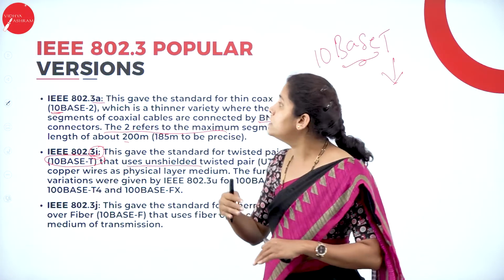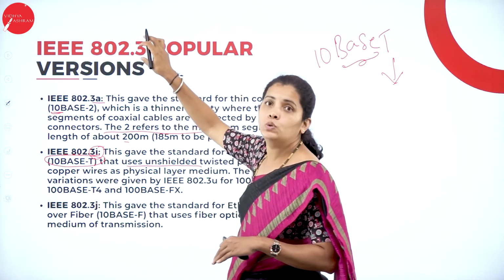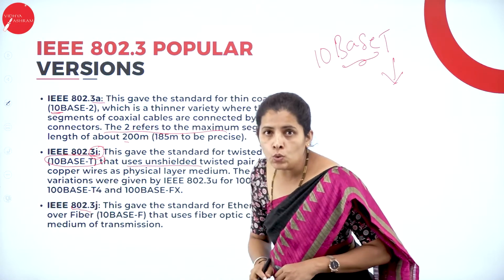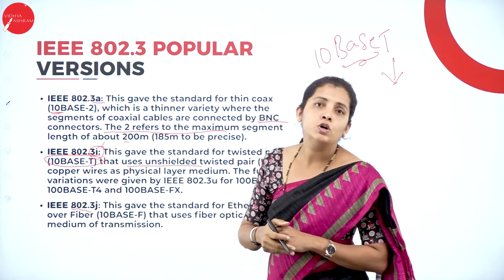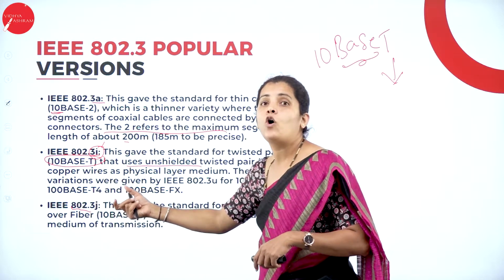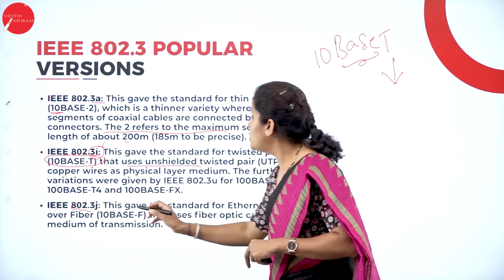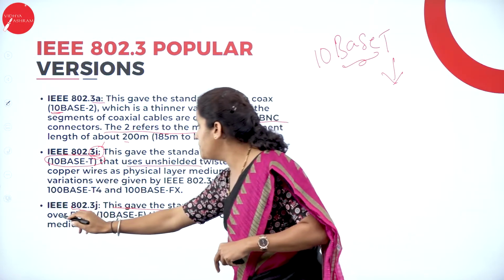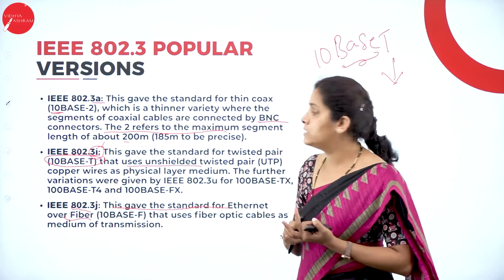Another variation in IEEE 802.3 is 802.3j. Here i means it is for twisted pair cable, and j indicates optical cable, that means fiber optics. So this gives the standard for Ethernet over fiber. That means here we are going to use fiber optical cables.